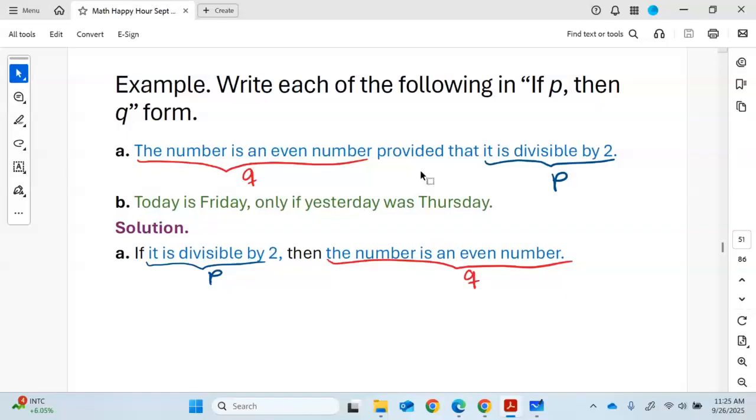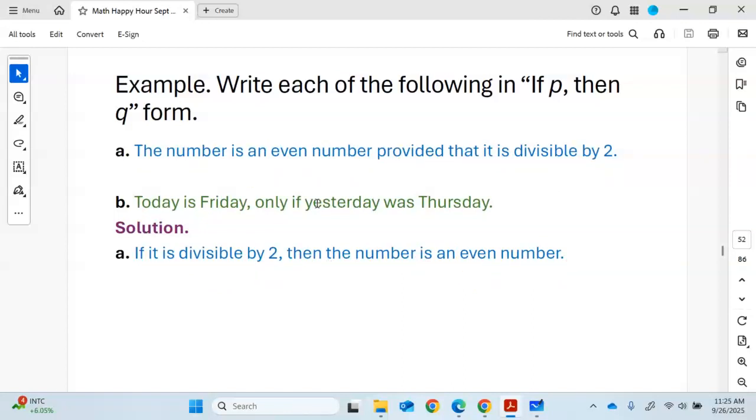Now, let's do letter B. Notice that I had 2 different examples. B says, today is Friday only if yesterday was Thursday. Again, this is another way of writing a conditional statement. First of all, let's identify which one is the antecedent and which one is the consequent. Well, when you have the only if, the antecedent is the first part, today is Friday, only if, and then the conclusion or the consequent is yesterday was Thursday.